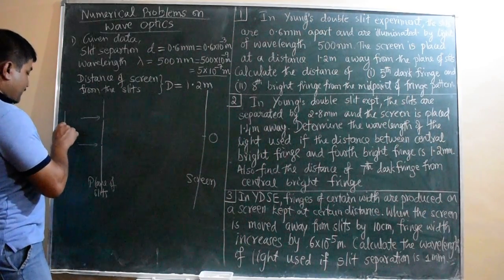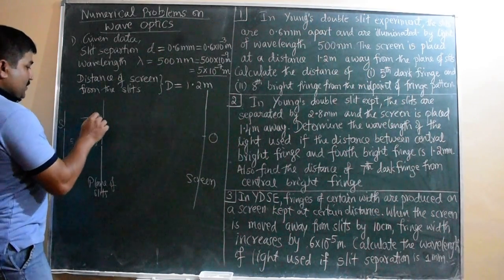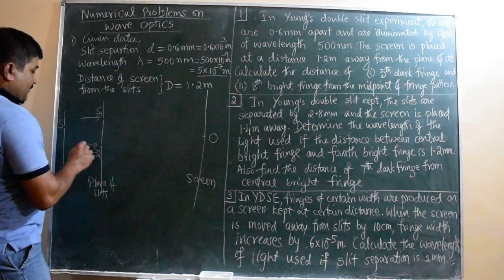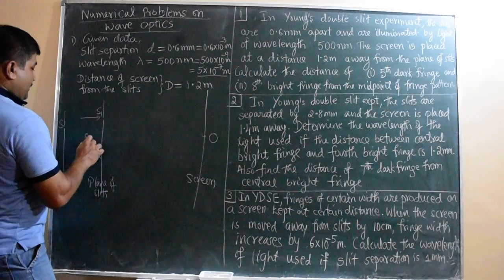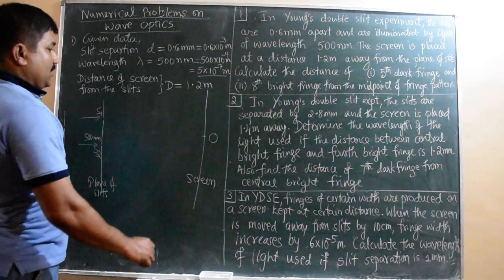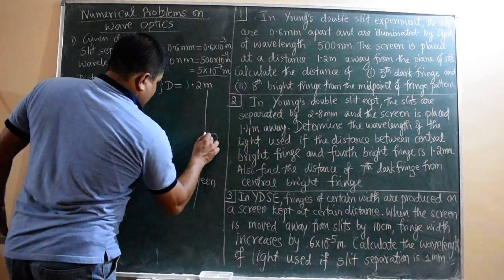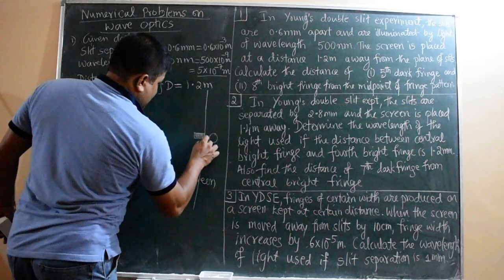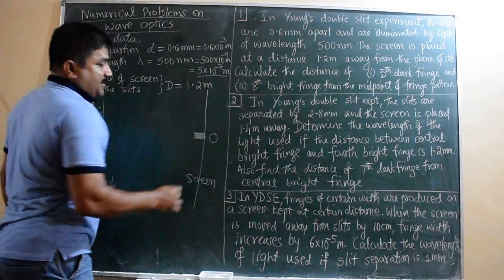Actually it is derived from a single slit S. These slits are S1 and S2. This is the setup. Now here the central bright fringe is formed. Remember how the central bright fringe is formed on the screen? This is the central bright fringe at the midpoint of the screen.